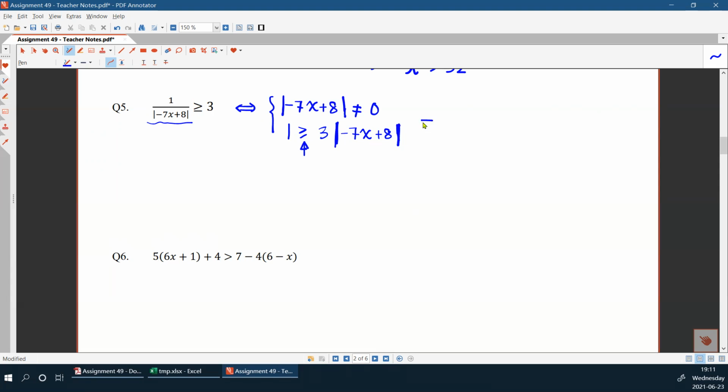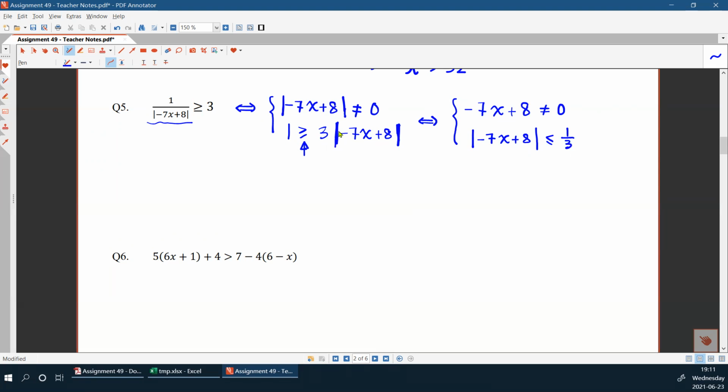Okay, so this is equivalent to, first of all, the absolute value of -7x plus 8 is not 0. That means -7x plus 8 cannot be 0, right? Okay, second, we can divide by 3 on both sides. This will give us the absolute value of -7x plus 8 should be smaller than or equal to 1 over 3, right?